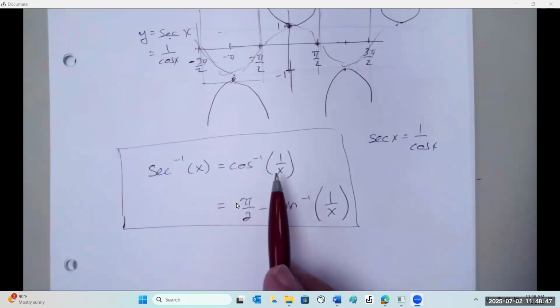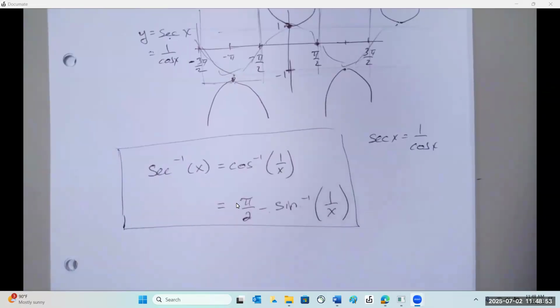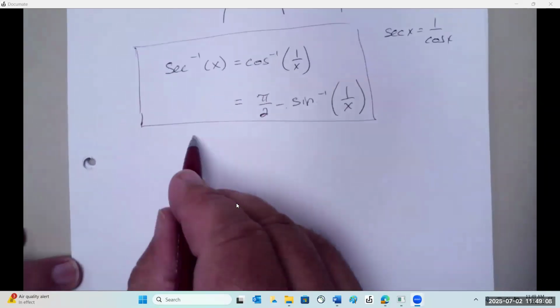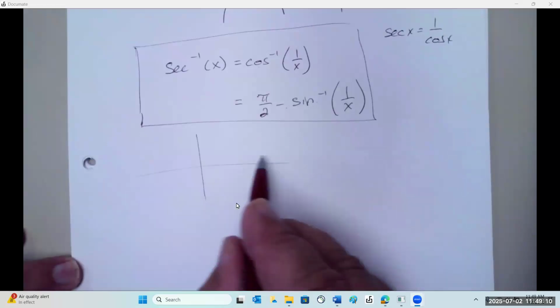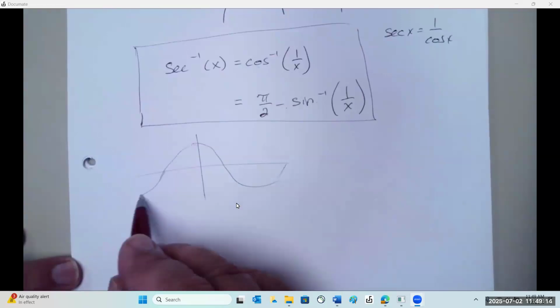Because remember, how are these related? Why is it pi over 2 minus sine inverse? How are sine and cosine related? Look at their graphs. It's a 90-degree shift.